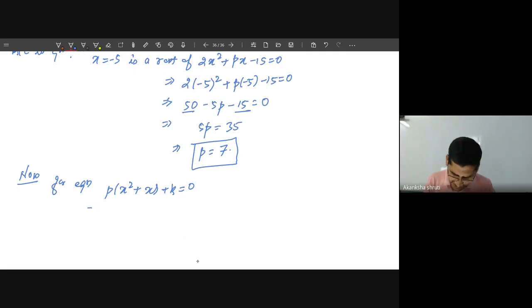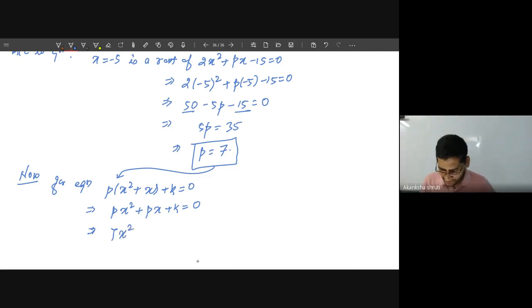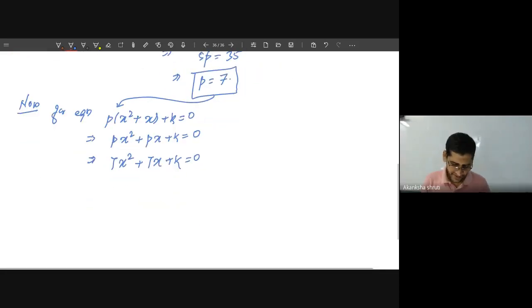You can rearrange it. So it is like px square plus px plus k is equal to 0. Now this p is available here. This can be used here. So it is like 7x square plus 7x plus k is equal to 0. You may use it here, or you may apply the condition first, then lastly you can substitute the value of p.